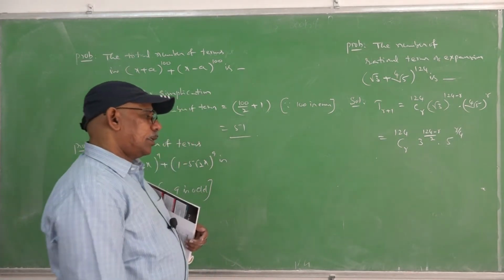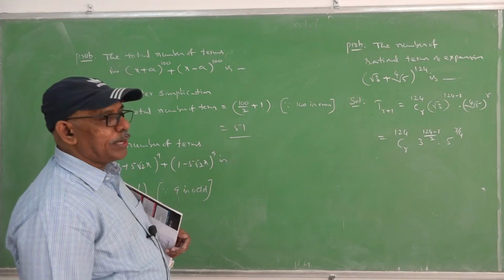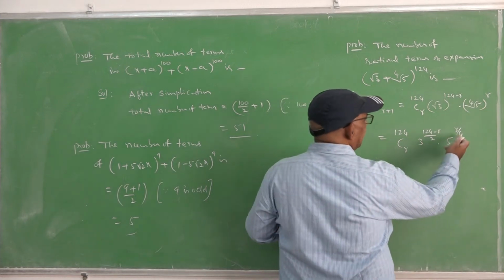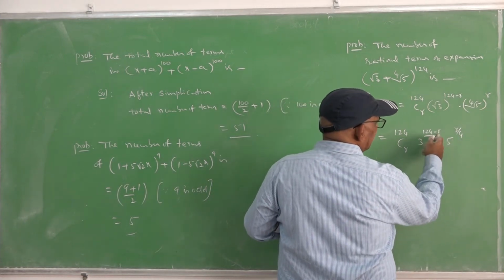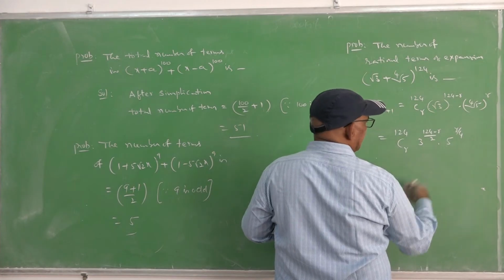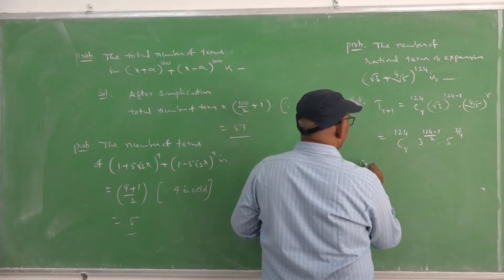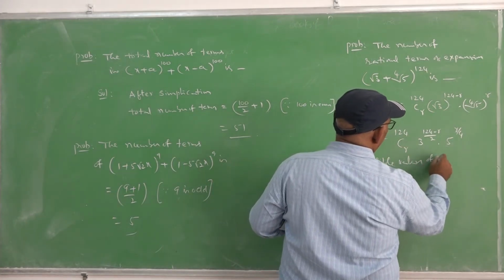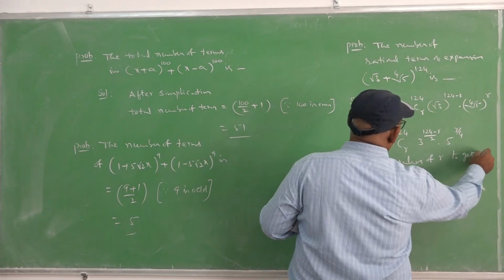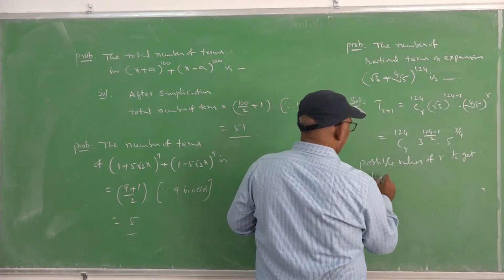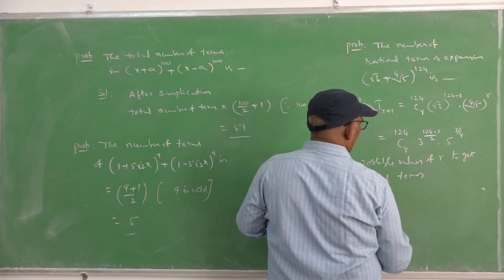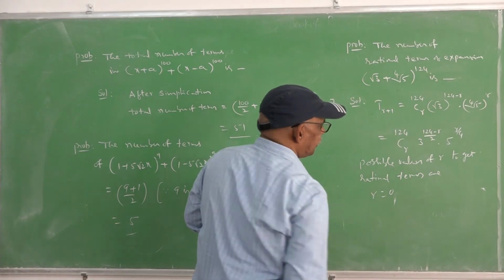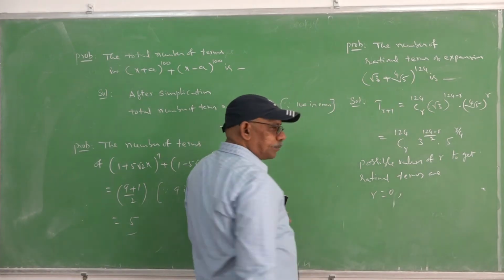So r must be a multiple of 4. Taking r equal to 0, (124 - 0)/2 is an integer, so r = 0 is one option.